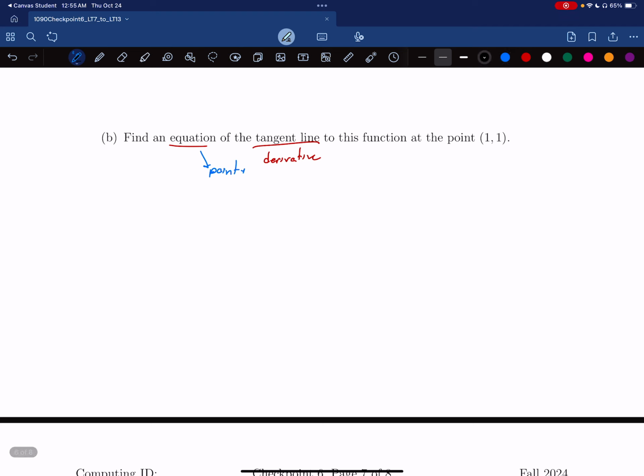So m, we'll let that be our slope. That's just the same as y prime since that's the derivative. We want to evaluate this at the point (1, 1). This vertical line here just means evaluate at this point.